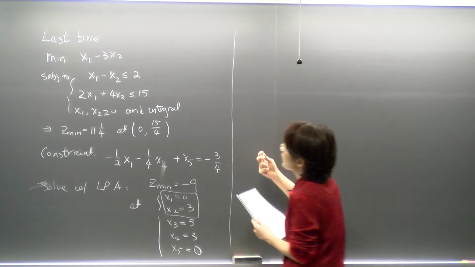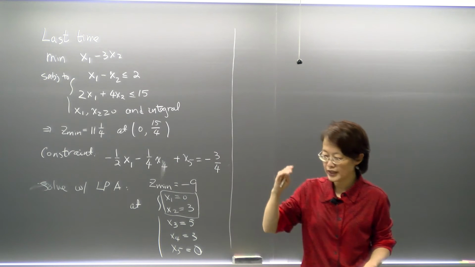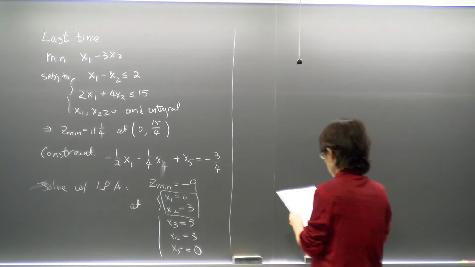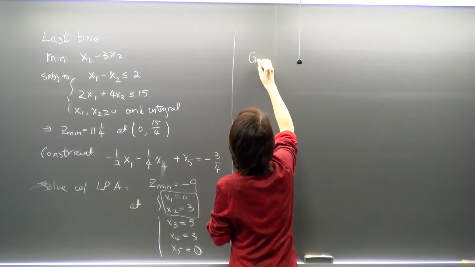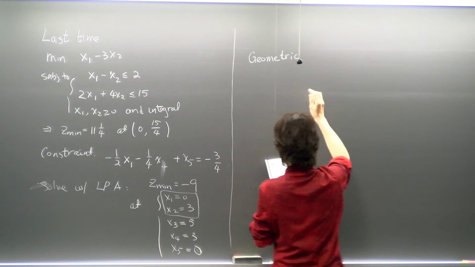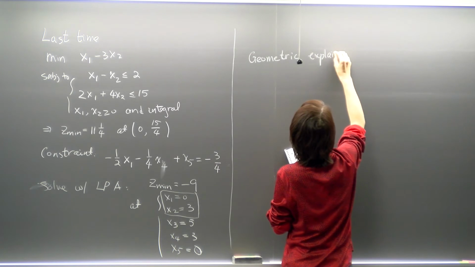So this is a problem chosen on purpose to have only two variables, so we can illustrate everything on a graph. Okay, so let's see what happens to the graph. So a geometric explanation of what's happening.